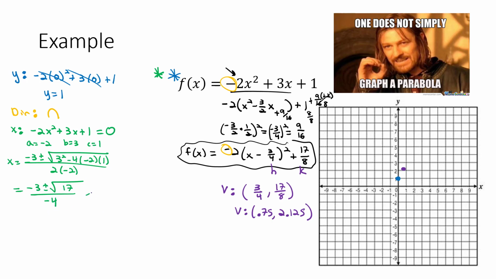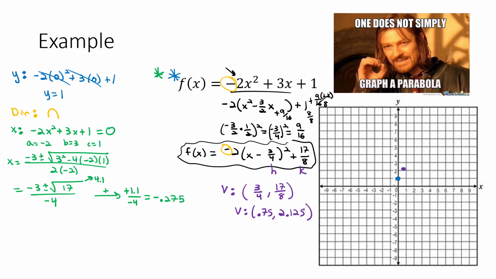And then we've basically got, well, let's see, what's the square root of 17? It's a little bit more than 4. Let's call it 4.1. So we've got negative 3 plus 4.1 and negative 3 minus 4.1. So when we do the plus, negative 3 plus 4.1 is positive 1.1 over negative 4, which is going to be a negative 0.275.